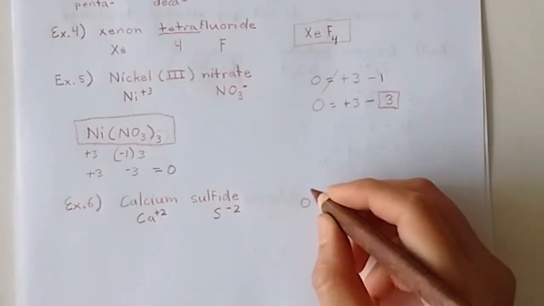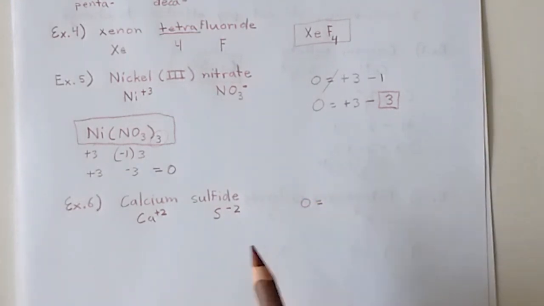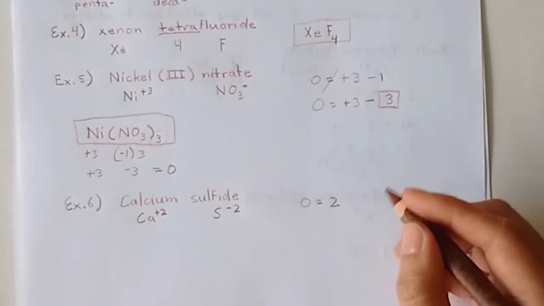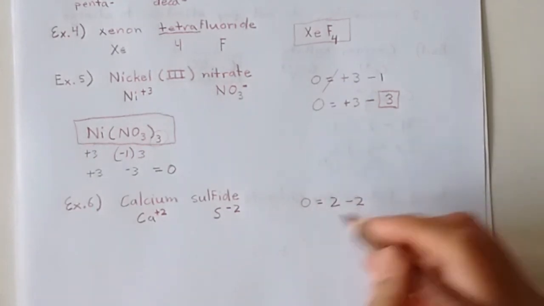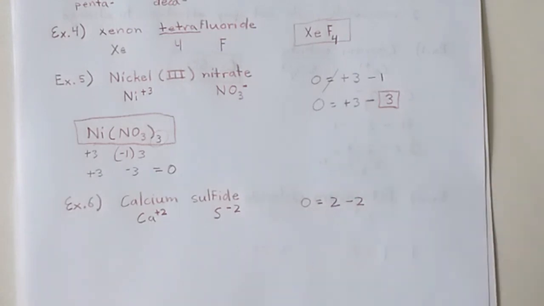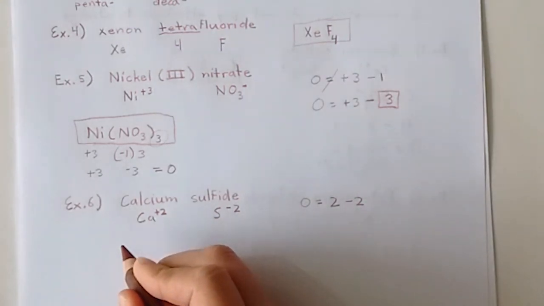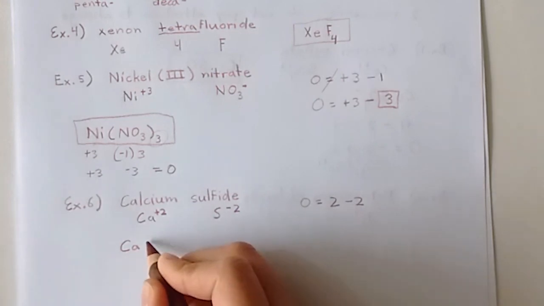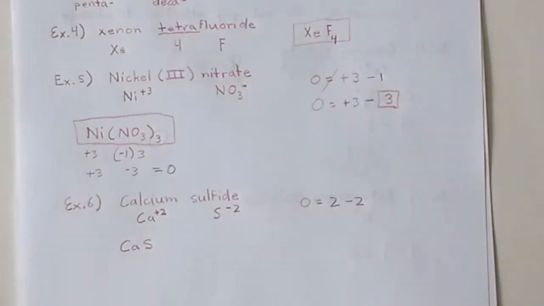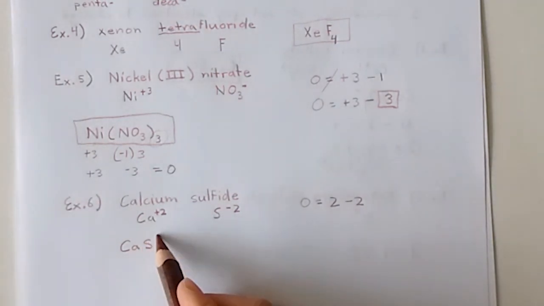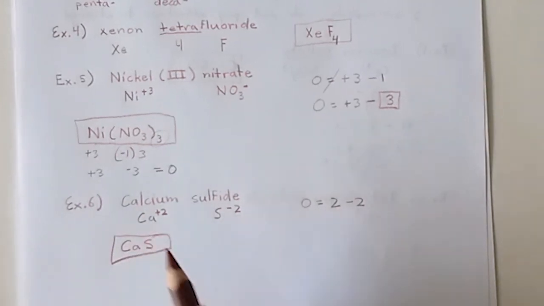So right now, if we put one of each together, we have a positive 2 and a negative 2, which is 0, which is what we want. So we know that we only need one of each. So 1 calcium and 1 sulfur. This would be the chemical formula for calcium sulfide.